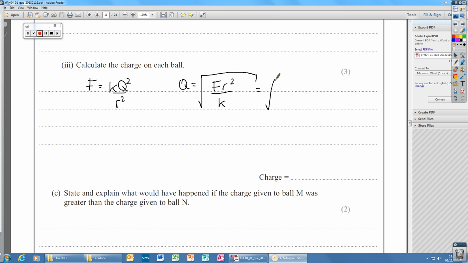If I put my numbers in, my force was 2 times 10 to the minus 2 times the square of the separation. That was 20.6 centimetres, so that's going to be 0.206, squared, so put the whole lot in brackets. And k, you can look that up in the back of the paper, 8.99 times 10 to the 9. By the time you've done the math on that, it will end up to be 3.07 times 10 to the minus 7 coulombs.